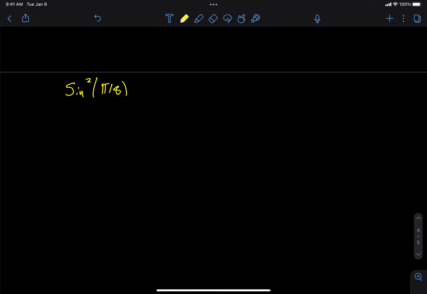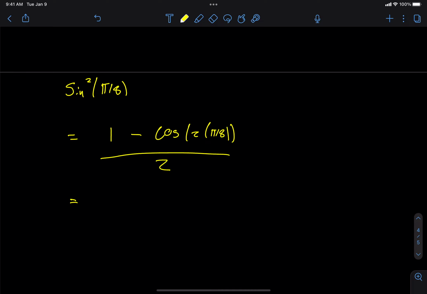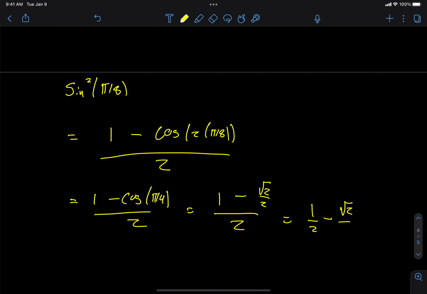Double. Yeah, if this was pi over 4, you would know how to do it, right? Which pi over 4 is double pi over 8. This is the same as 1 minus cosine of 2 times pi over 8 all over 2, which is 1 minus cosine of pi over 4 all over 2, which is 1 minus the square root of 2 over 2, which is like 1/2 minus the square root of 2 over 4.